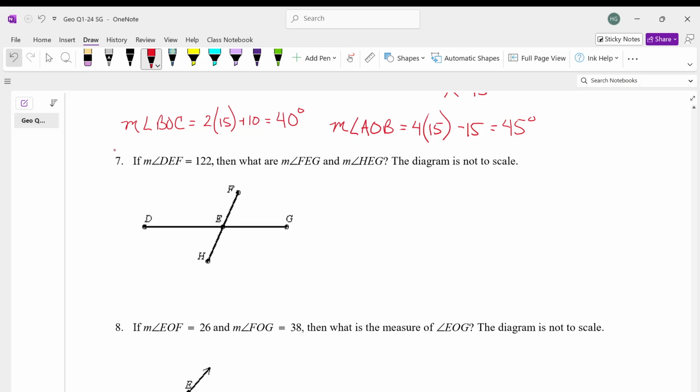All right, problem number 7. If the measure of angle DEF, we start at D, E's the vertex, and we're going up here to F, equals 122. That's this angle right here, 122 degrees. Then what are the measures of angle FEG and HEG? Well, here's FEG, that yellow angle. You guys remember what we said about angles that form a line?